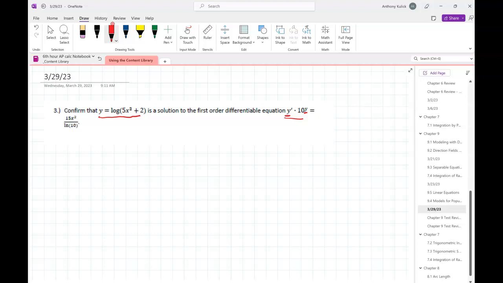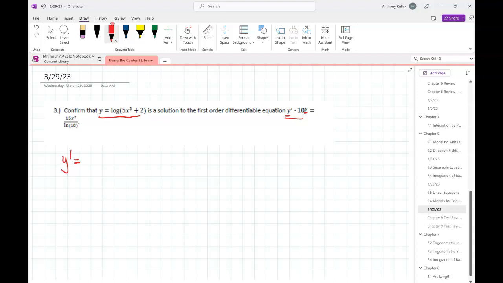So I'm going to start by finding the derivative of this. So what do I need to do the derivative of the log of 5x cubed plus 2? So we're doing a derivative, not an integral. So u sub is the wrong thing to say. Chain rule. Great.